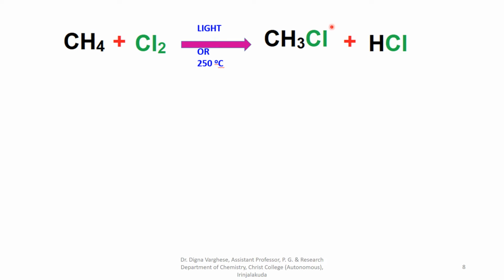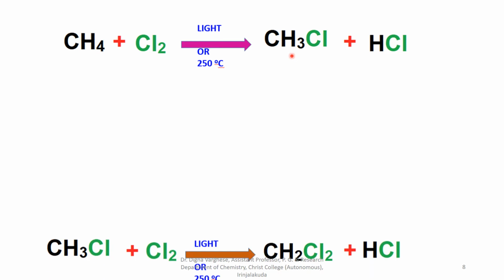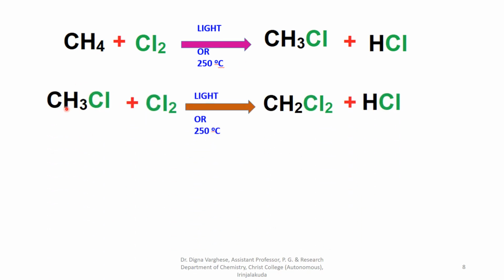If a sufficient amount of chlorine is there, the monochloro derivative, methyl chloride, undergoes further chlorination by the replacement of hydrogen atoms, forming dichloromethane. So methyl chloride reacts with chlorine under the same reaction conditions, forming dichloromethane.